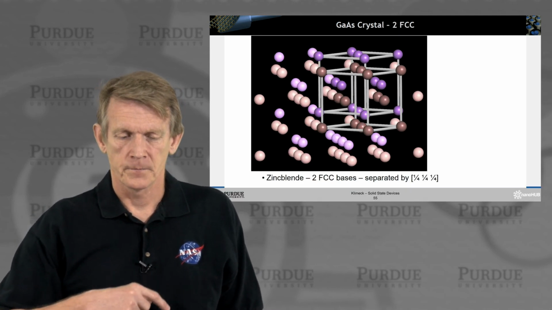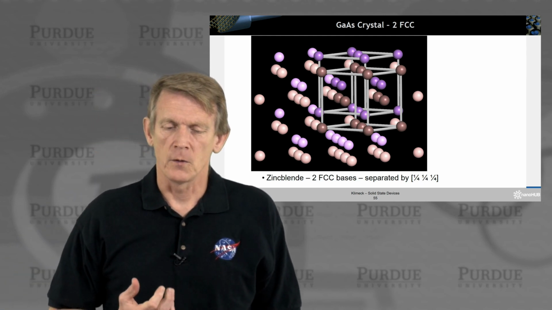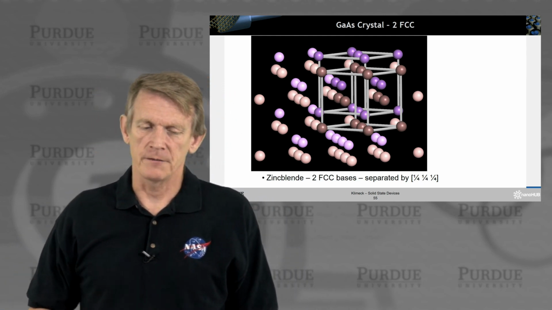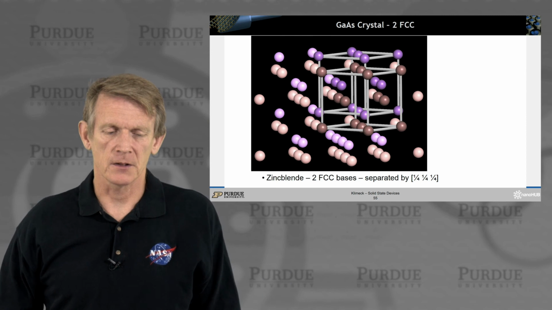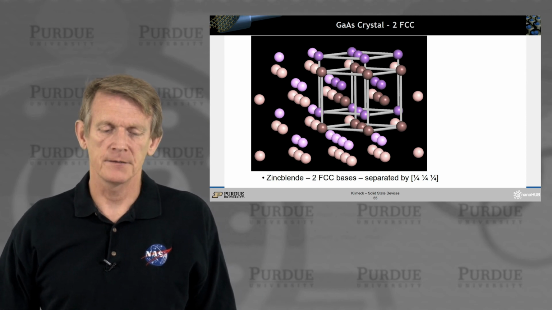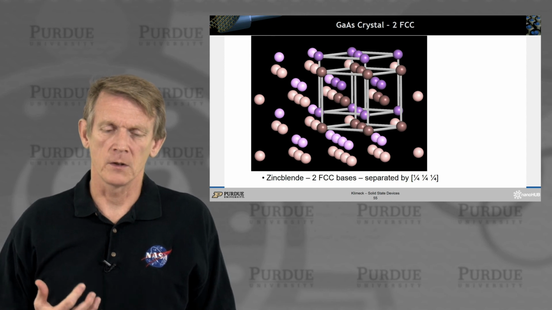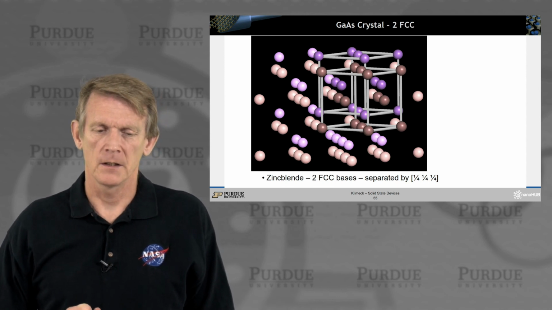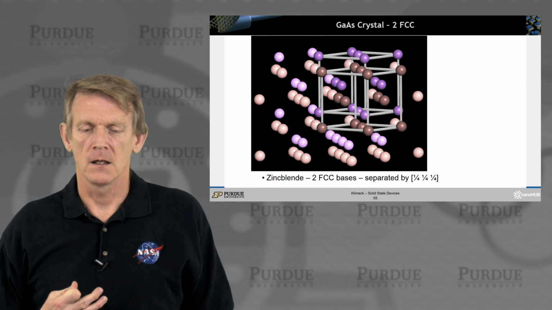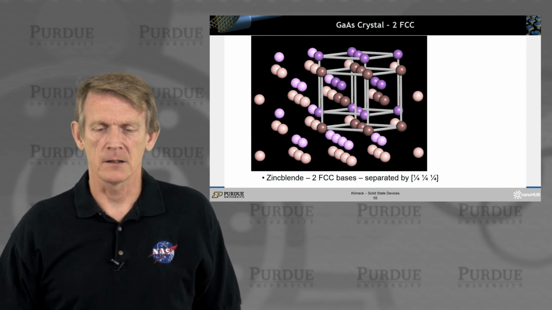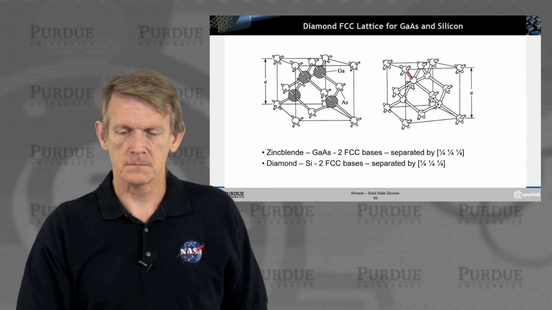So Zinc-Blende is the crystallographic name for this particular crystal structure. Zinc-Blende has 2 FCC bases separated by a vector of 1/4, 1/4, 1/4. So that gives you a way to describe the gallium arsenide crystal.